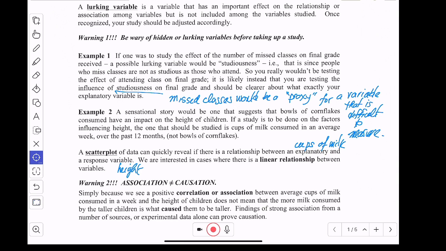Simply because we see a positive correlation or association between average cups of milk consumed in a week and the height of children does not mean that the more milk consumed by the children is what caused them to be taller. Findings of strong association from a number of sources or experimental data alone can prove causation.